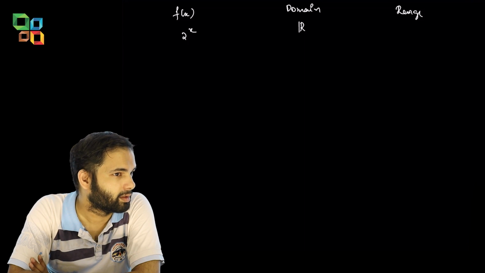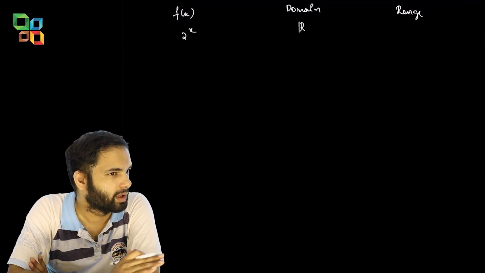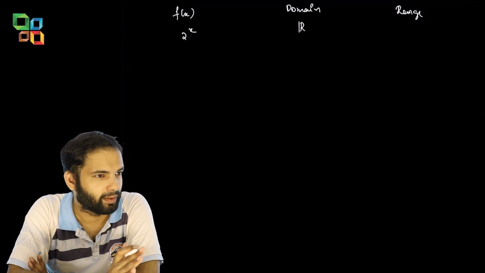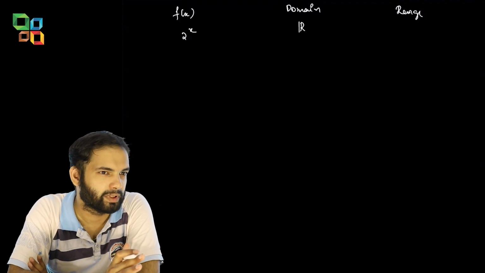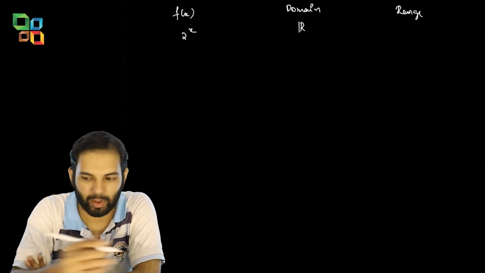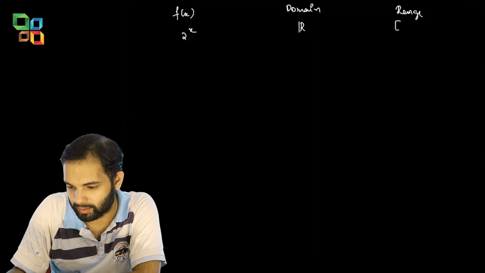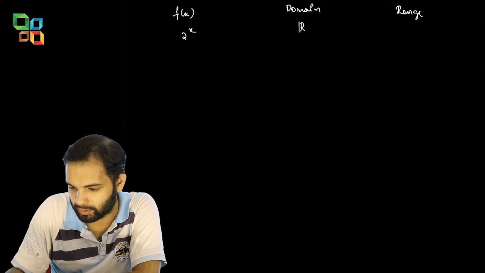Then what about numbers between 0 and 1? Except zero. Greater than 0. Sure. So some people are saying greater than 1. Okay. The range is 0 to infinity. We can't include 0.